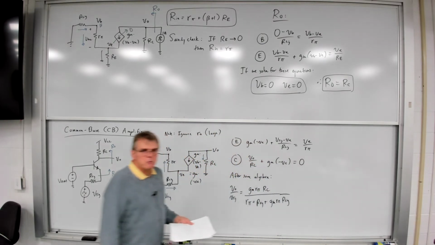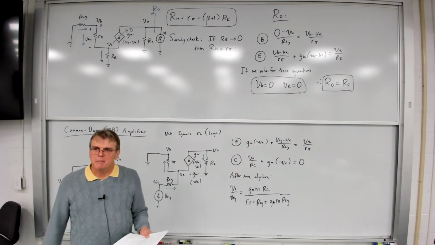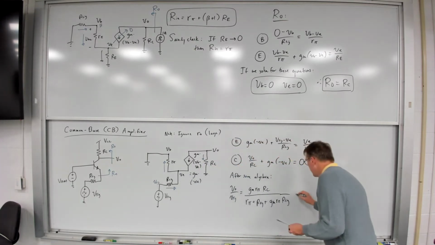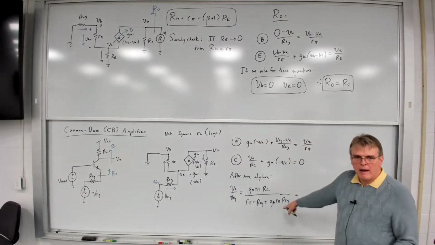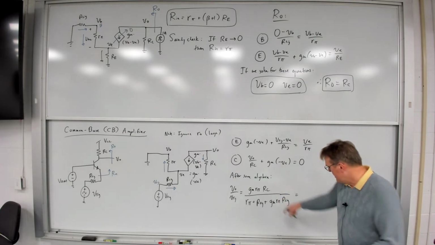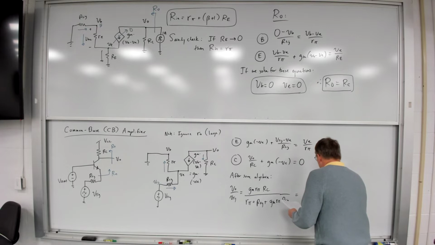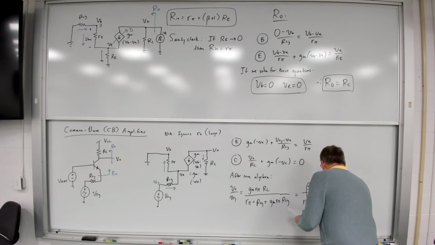So a bit of a messy expression, but we can simplify it a bit. We know that r pi is equal to beta over gm, and so we can do a little substitution here. And this will be equal to beta times RC divided by r pi plus Rsig times 1 plus beta.